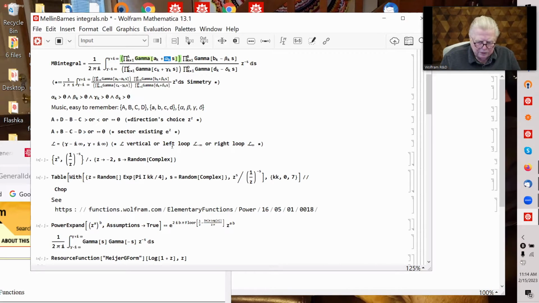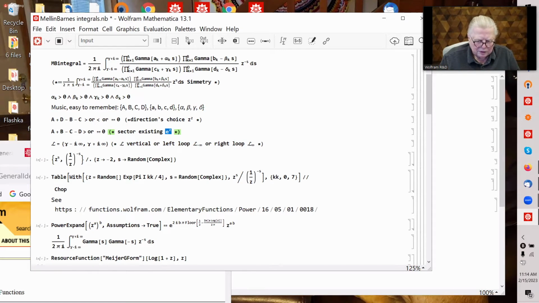Also, we have important characteristic A plus B. It means how many gamma function in numerator, and this how many in denominator. And here we have characteristic connected with exponential function.